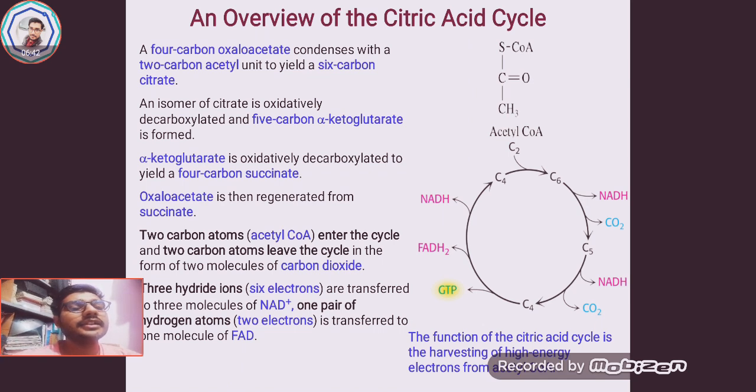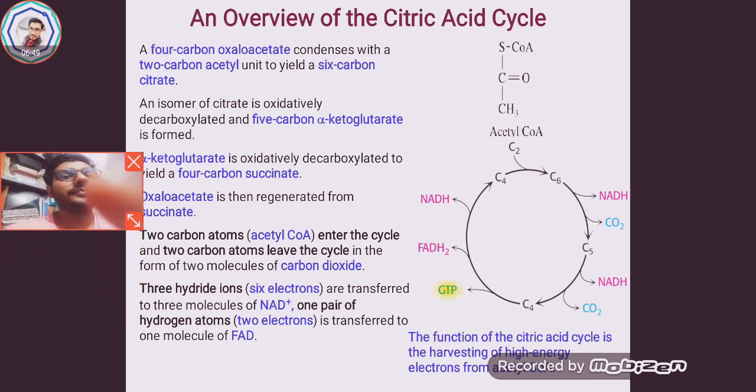Oxaloacetate is then regenerated from succinate. 2 carbon atoms of acetyl coenzyme A enter the cycle and 2 carbon atoms leave the cycle in the form of molecules of carbon dioxide. 3 hydride ions, 6 electrons, are transferred to 3 molecules of NAD+, and 1 pair of hydrogen atoms, 2 electrons, is transferred to 1 molecule of FAD.